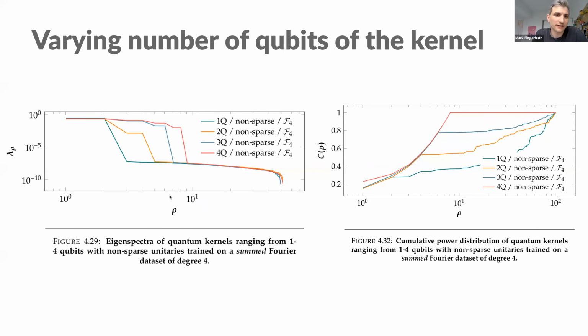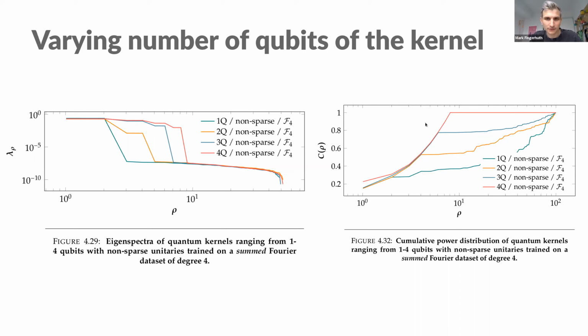But yeah, we can look at the eigenspectra of these different types of kernels, and we can see that the more qubits we add, the richer this eigenspectrum gets. Similarly, when we look at the task model alignment again, we can unsurprisingly see that as we're adding more qubits, we're getting better and better alignment between the kernel and the data or the learning task.